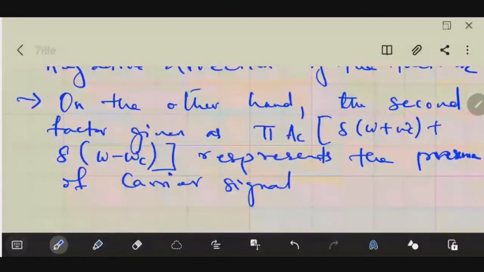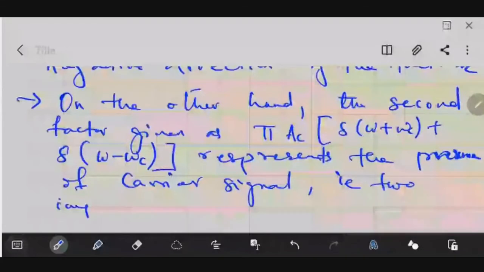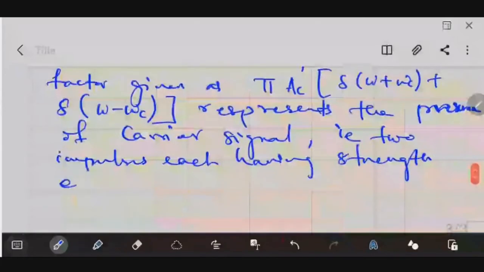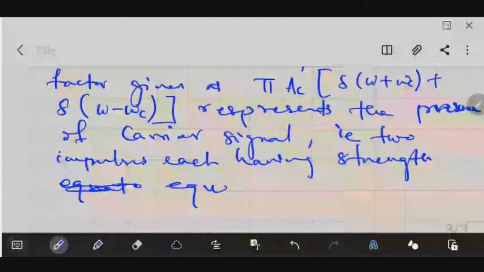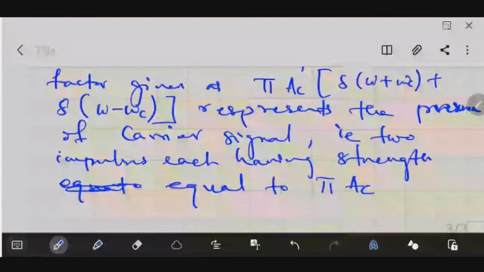So those are the two impulses, each having strength equal to pi AC. So these are the terms.